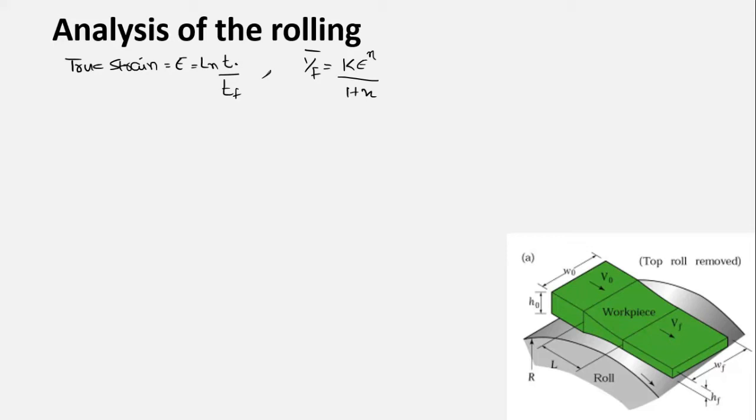So how do we calculate the maximum possible draft? The maximum possible draft is termed as d max, equals to m squared r.